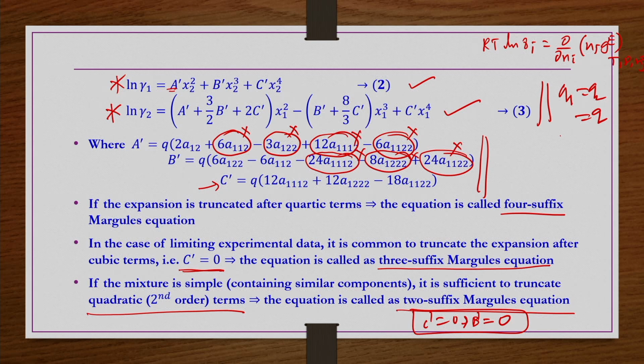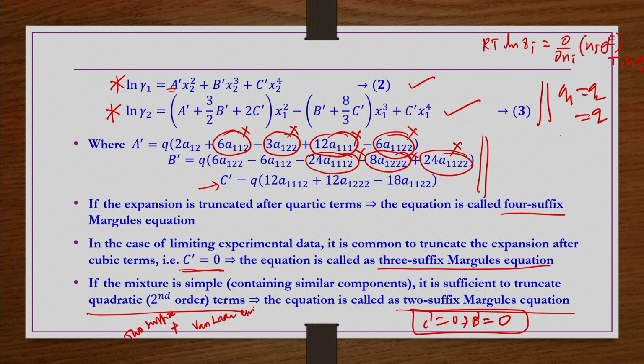So, in the 2 suffix Margules equation, if you do not take q1 equals q2, then we will be having a kind of Van Laar equation. So, what is the relation between the Van Laar equation and the 2 suffix Margules equation?